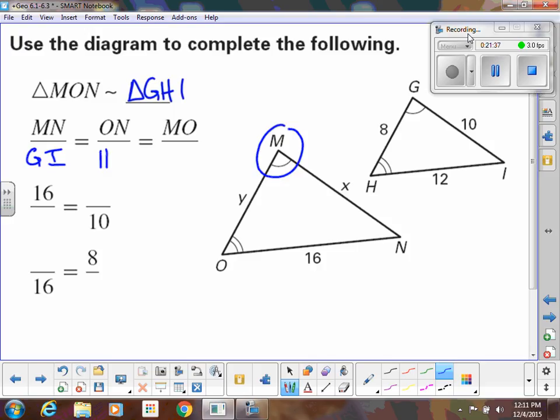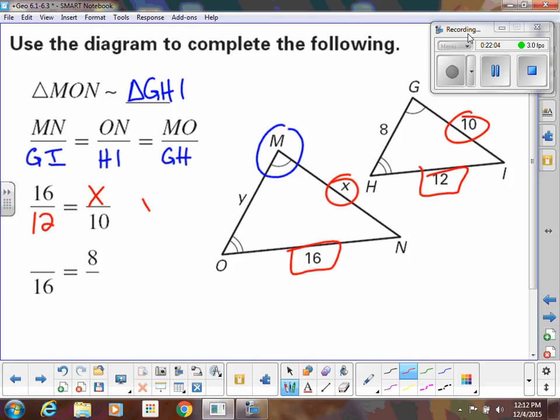ON goes with HI. And then MO goes with GH. So if I match up those sides, 16 is going to match up with 12. And then X is going to match up with the 10. And then we can cross multiply and divide. And that would give us X is equal to 13.3 repeating, or 13 1/3.